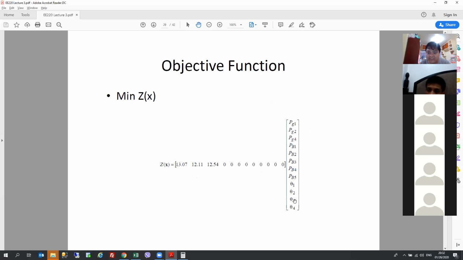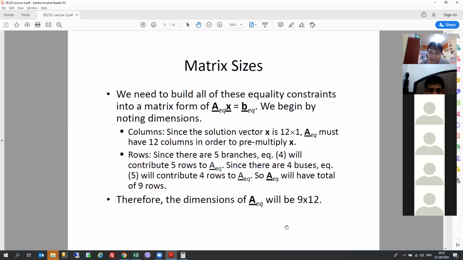And ano yung bus angle sa 1, 2, 3, 4? So we have 3 generators, 5 branches, and 4 buses. So total niyan, pag kinahon mo, 3 plus 5 plus 4 is 12. So we have 12 unknowns. So we'll have to determine 12 values. So in our matrix, there's a 12 by 1 matrix.